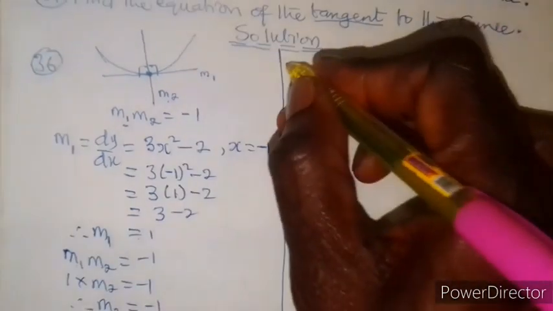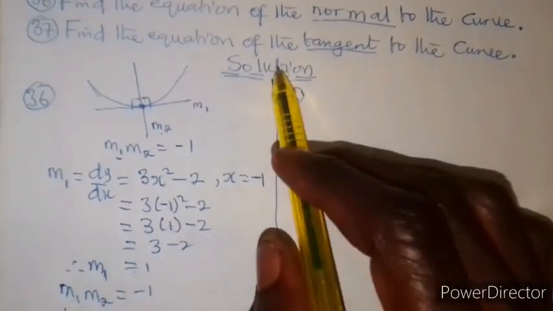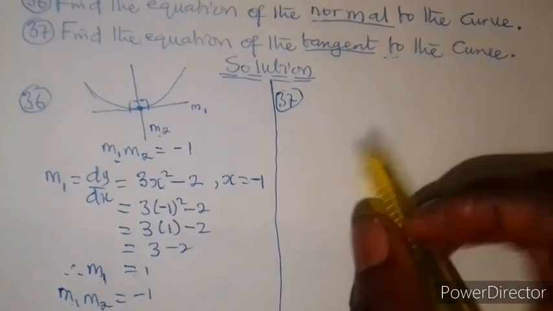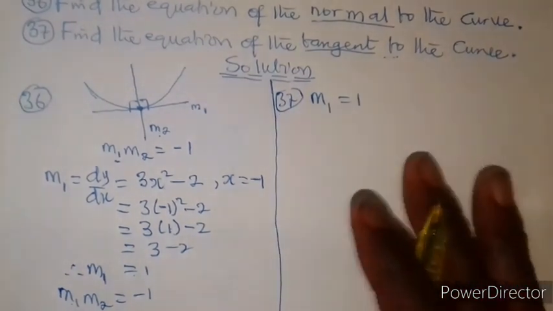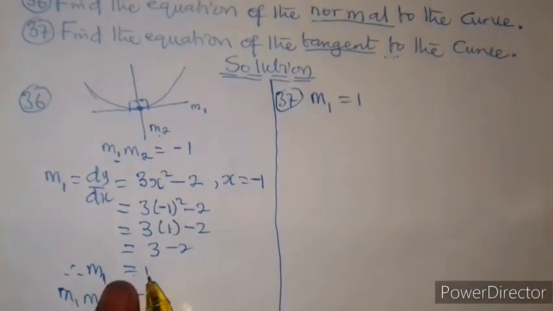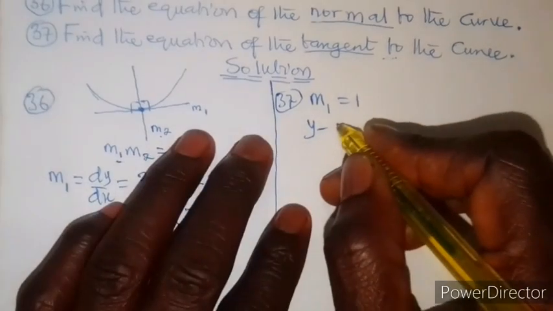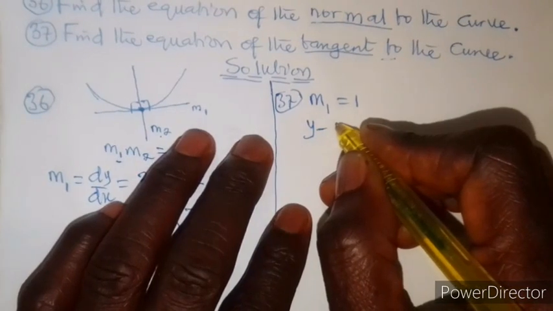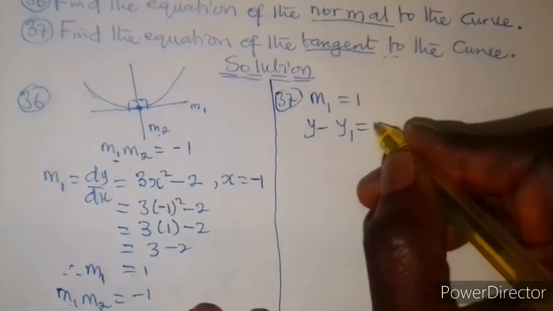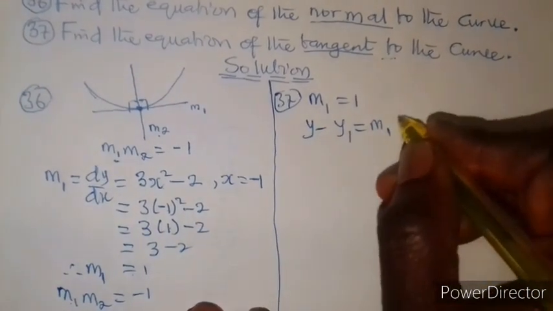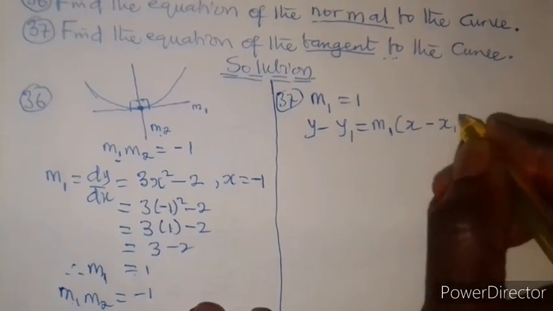Now in the second question, which is question 37, we are asked to find the equation of the tangent. We already know that our m1 is equal to 1, based on what we have gotten from the previous part. So we are going to introduce the general equation of a linear equation: y minus y1 equals m, in this case m sub 1, open bracket, x minus x sub 1.